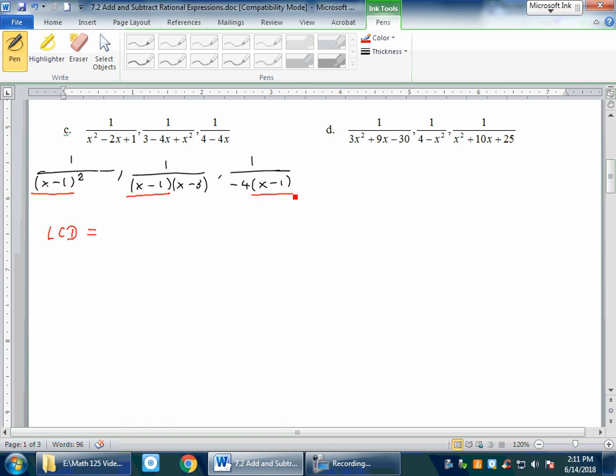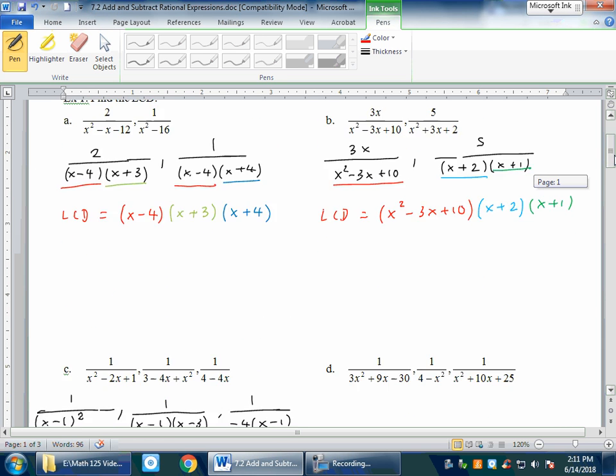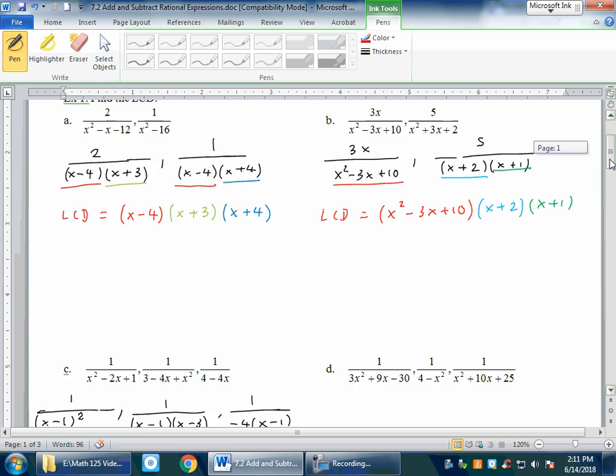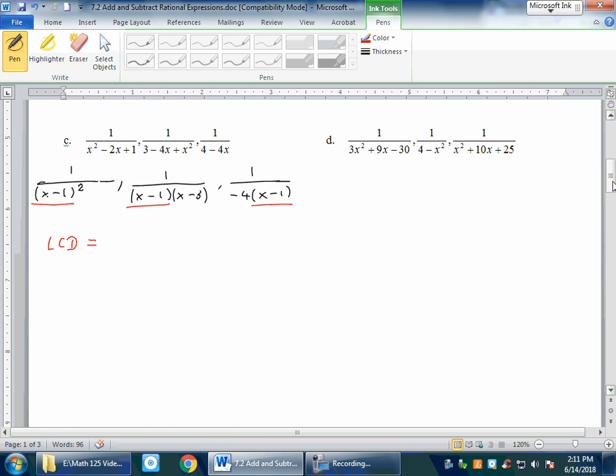Third fraction, I also have x minus 1. According to the rule, what we are collecting is the greatest exponent of the factor. So in this case, I have x minus 1 squared, x minus 1 to the first power, x minus 1 to the first power. Therefore, when we collect it, it must be x minus 1 to the second power, because we have to collect the one that has the greatest exponent.